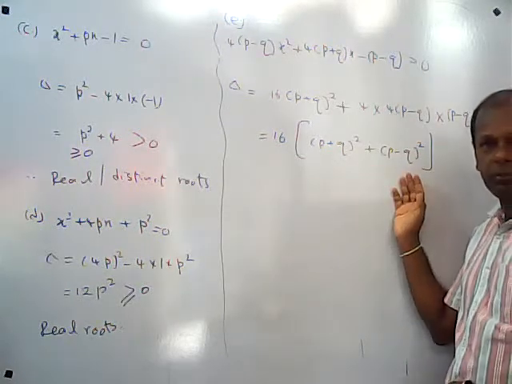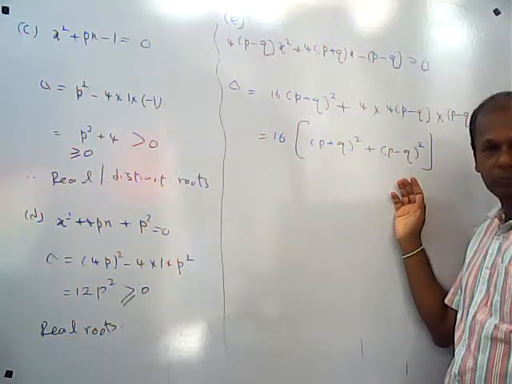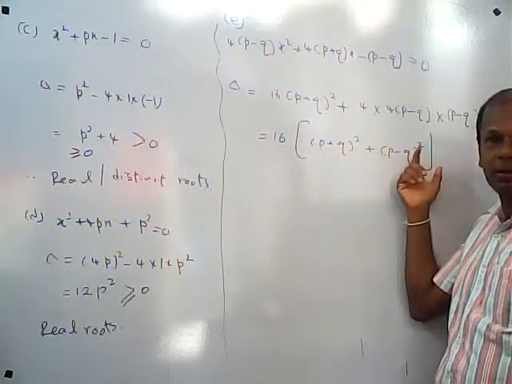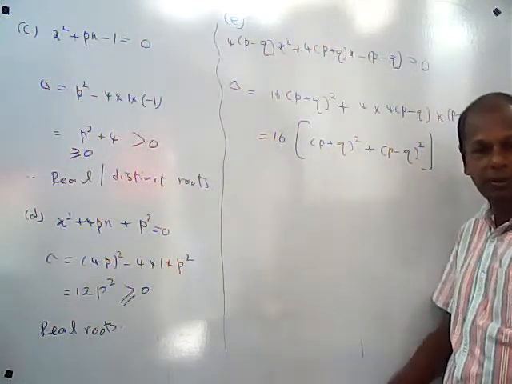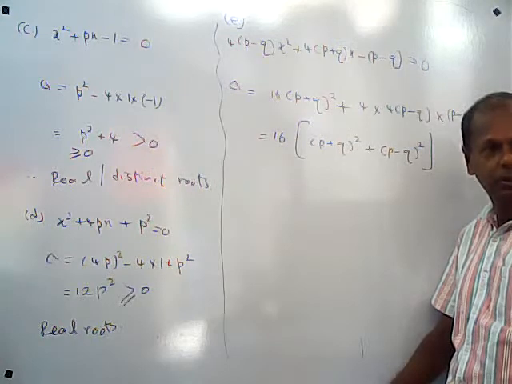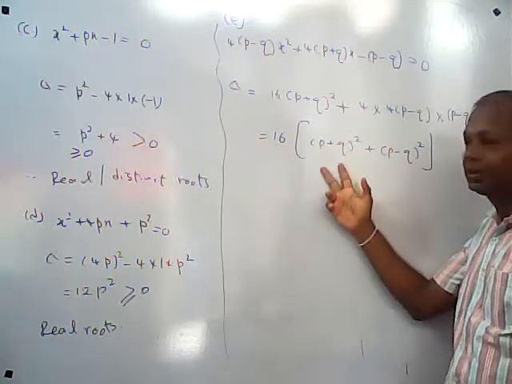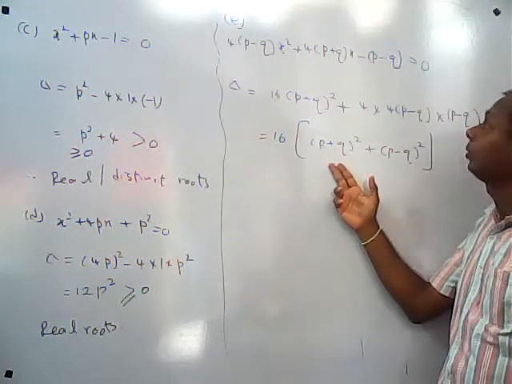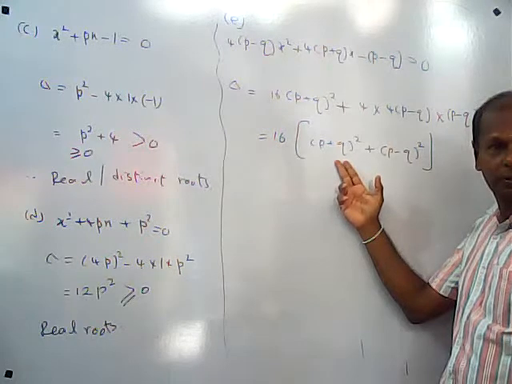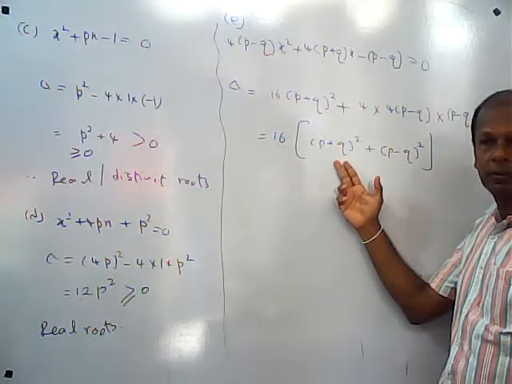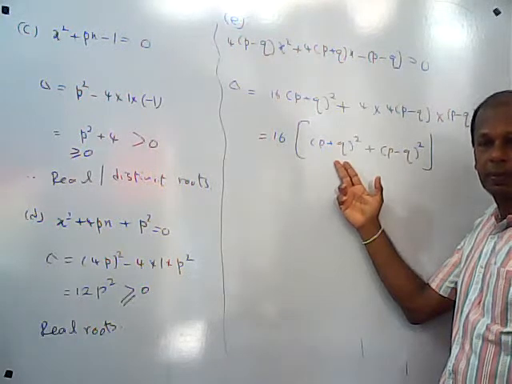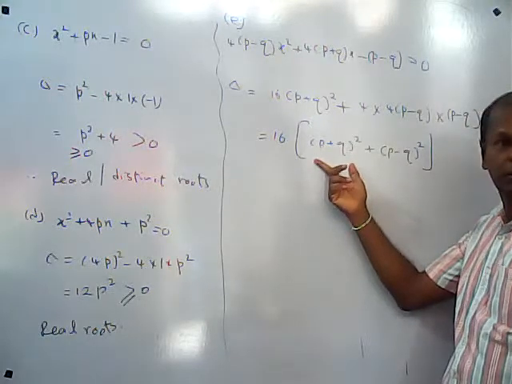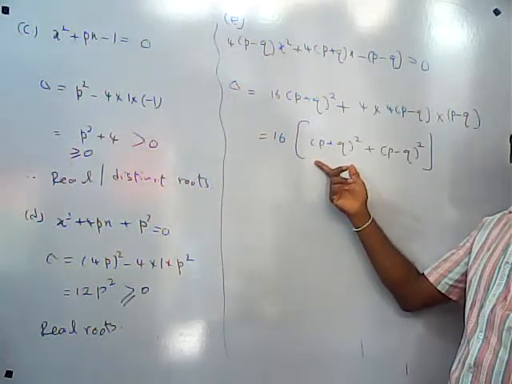Do we need to simplify this anymore? You have it nicely as a square plus another square, so no need of simplifying it anymore. You can come to a conclusion at this stage. What about this square, p plus q squared?